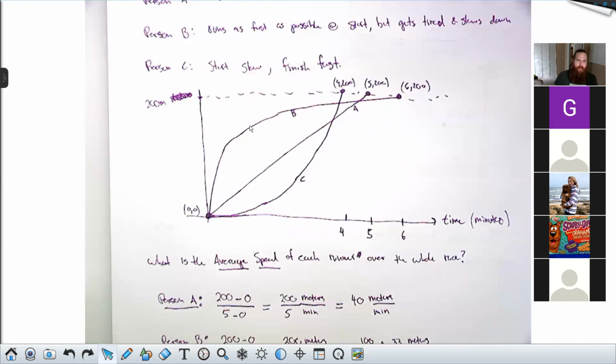Finding the instantaneous rate of change is a fun challenge that we're not quite ready to attack directly, but we're going to start getting you ready for. The problem of instantaneous rate of change is trying to find how fast any one of these people were going at any given time. Like for person B, what's the slope right here? For person C, what's the slope right here at this point?